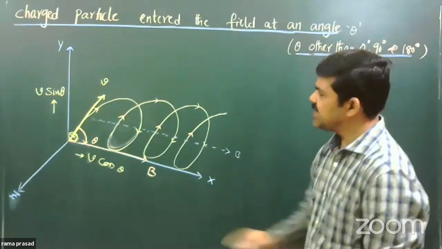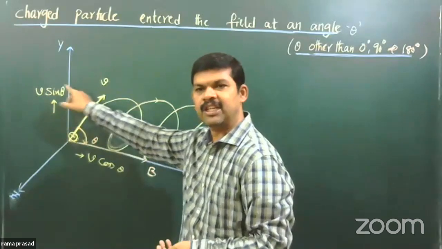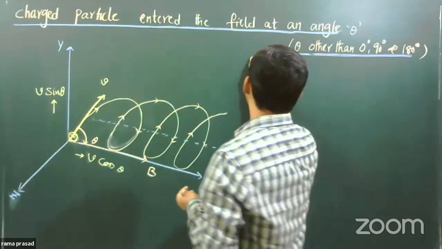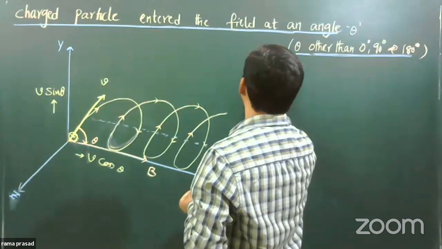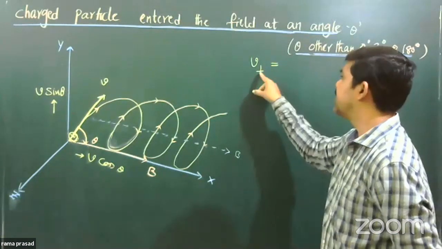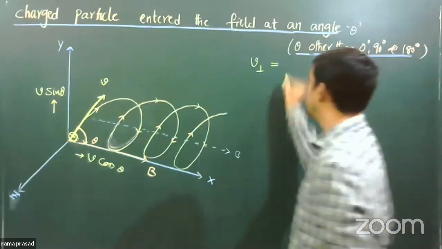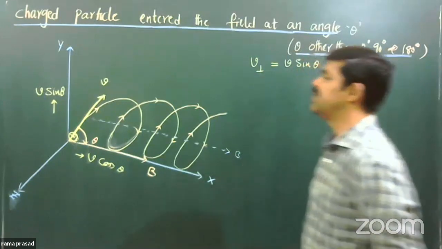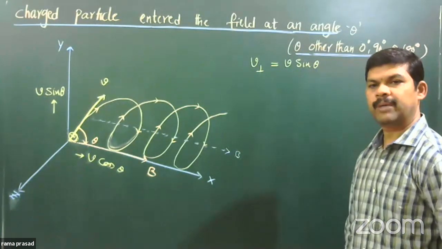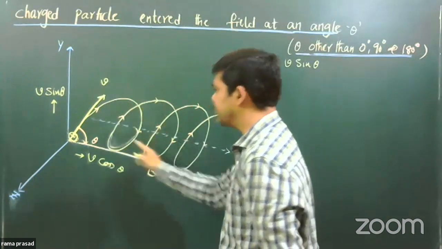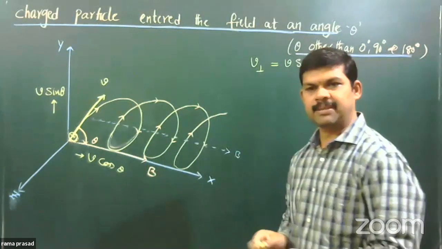So which component is responsible? v sin theta component is responsible for rotation. Here, the component perpendicular to the field. See, I took a symbol v perpendicular is v sin theta. Okay.